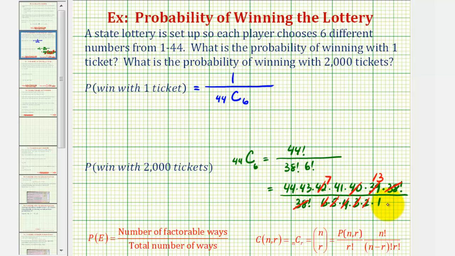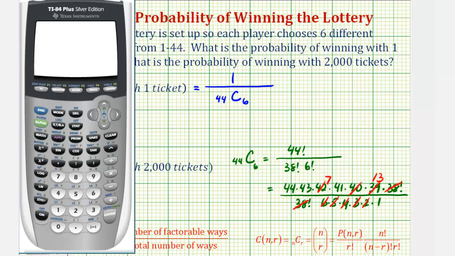Now the denominator is 1, we can find the product in the numerator, which will give us the value of 44 choose 6. 44 times 43 times 7 times 41 times 13. We have 7,059,052.